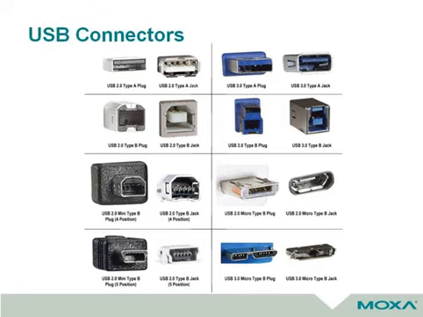The one without the blue insert is the USB 2.0 connector. You can find Type A, Type B, Mini Type B with 4 positions, Mini Type B with 5 positions, and the Micro Type B for the USB 2.0 connectors. And for USB 3.0, there are Type A, Type B, and the Micro Type B.